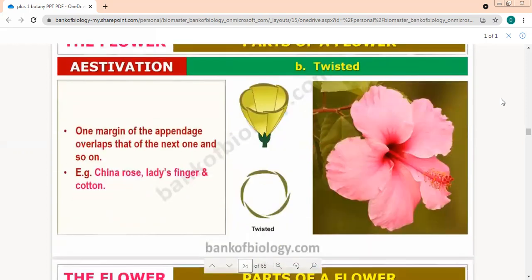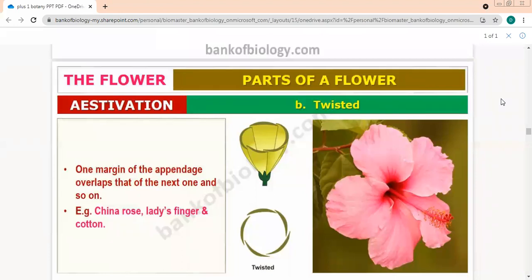Let's see the next slide, children. Twisted. Now see this and understand whatever bit you can.